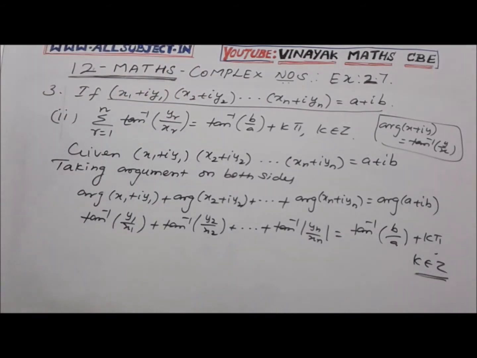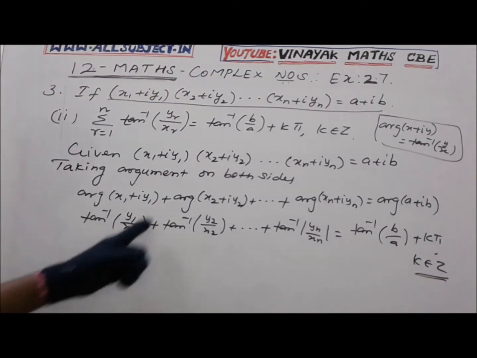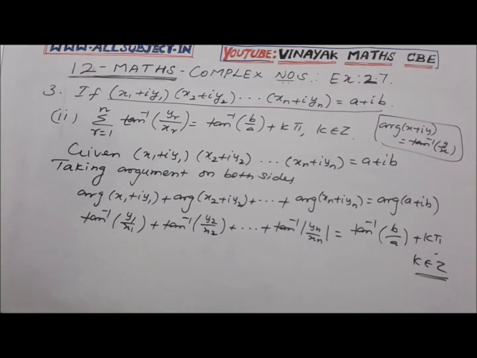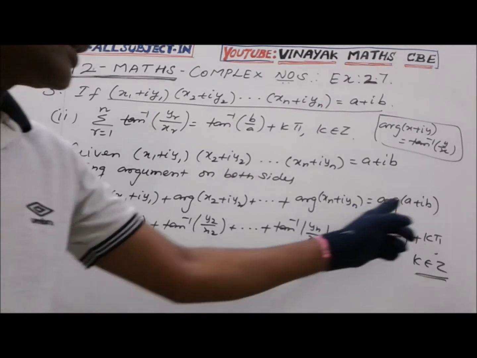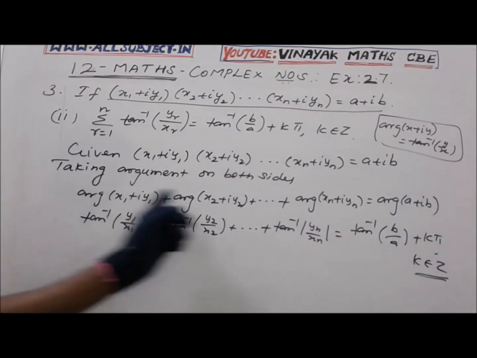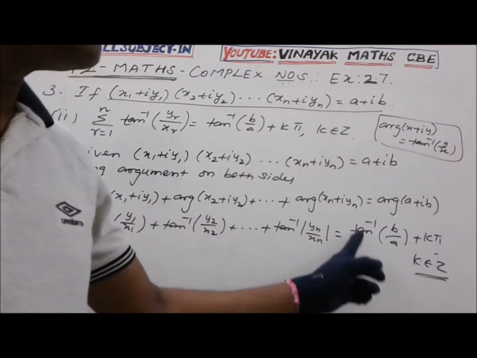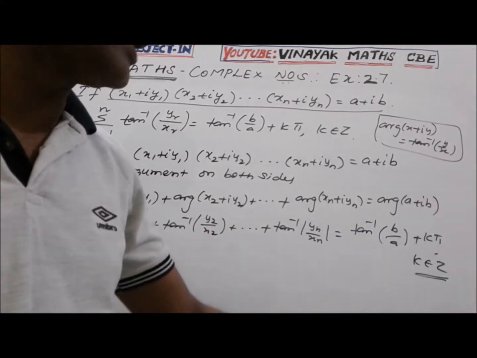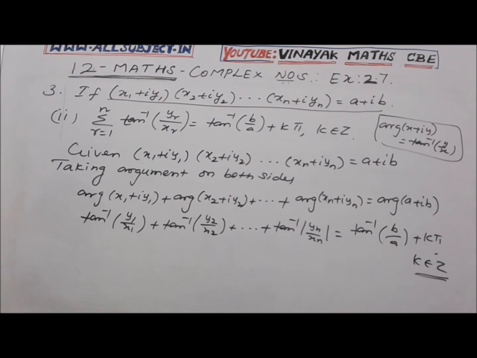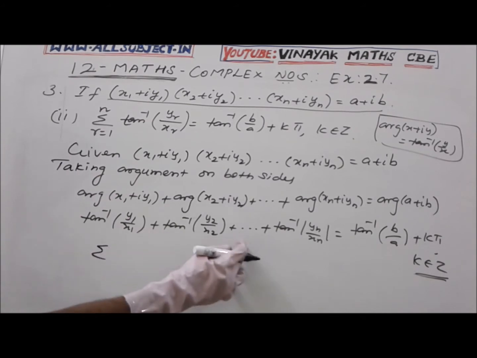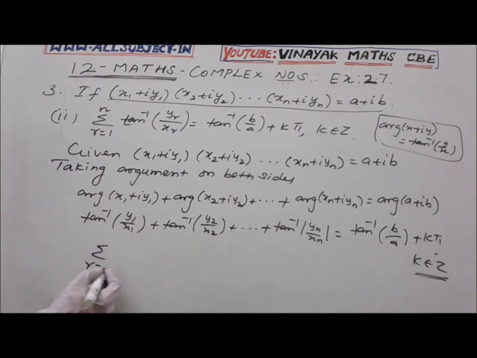By writing its general value, these are all tan inverse of y1 by x1, tan inverse of y2 by x2, etc., tan inverse of yn by xn. The argument of a + ib is nothing but the sum of all the arguments of this one. So it will be in the general form tan inverse of b by a plus k pi, where k belongs to Z. So writing these values in general, instead of the plus we can write sum of r equal to 1 to n.